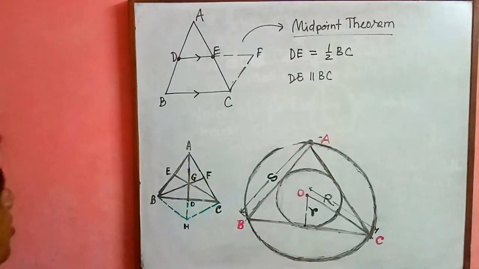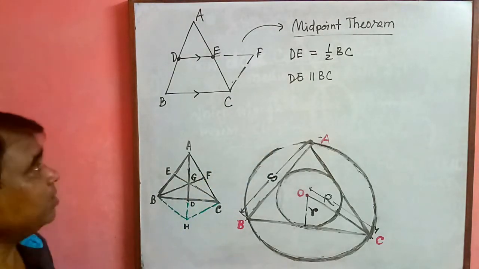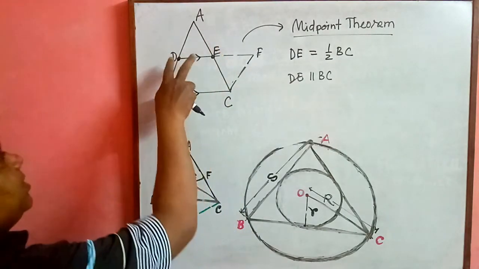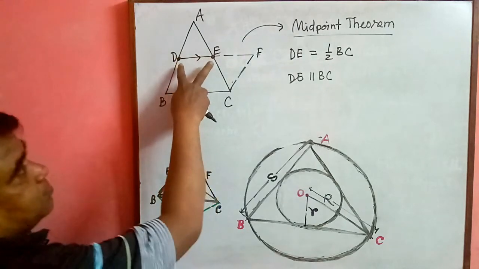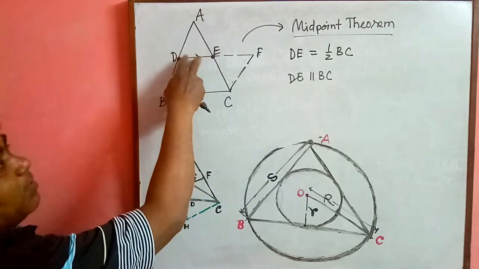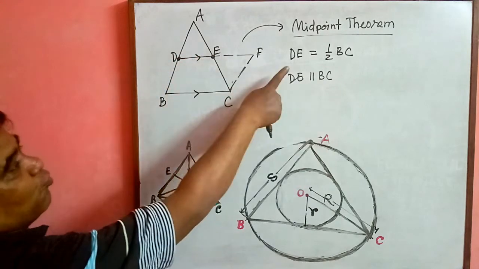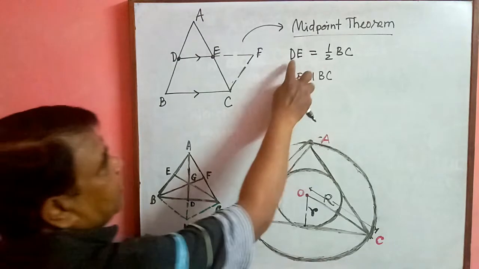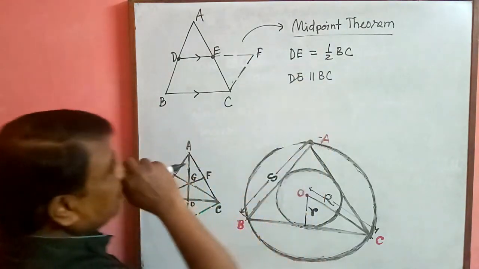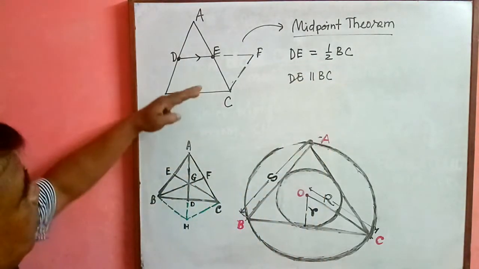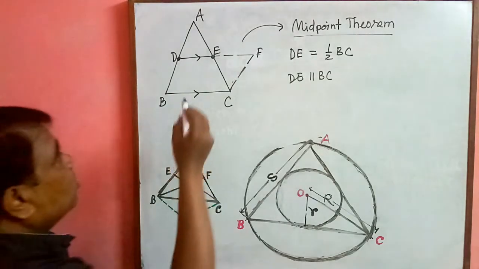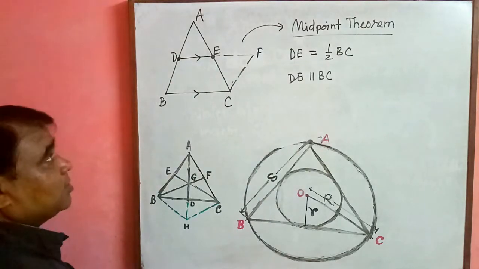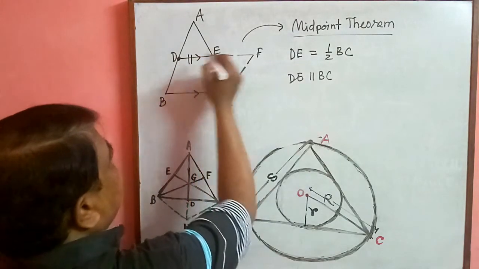How it is, let me explain shortly. Here, ABC is a triangle and D and E are the midpoints. DE is the line segment joining the midpoints. So I have to prove DE is parallel to BC and DE is half of BC. We need a construction. We will produce DE to F such that DE is equal to EF.